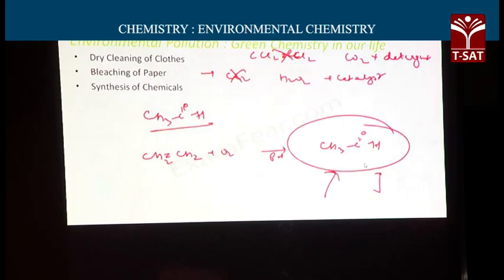For example, if you want to prepare acetaldehyde, you have to follow a single step without any byproducts. Ethylene reacts with oxygen in the presence of palladium and gives acetaldehyde directly without byproducts.